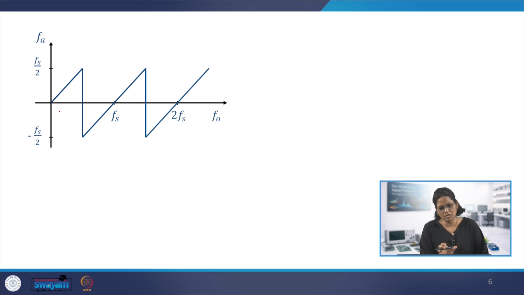The frequency between minus Fs by 2 to plus Fs by 2 is mapped this way, that is Fa, the apparent frequency. From 0 to Fs by 2 is fine, there is no aliasing. Then from Fs by 2 to minus Fs by 2, and then this portion till this Fs.